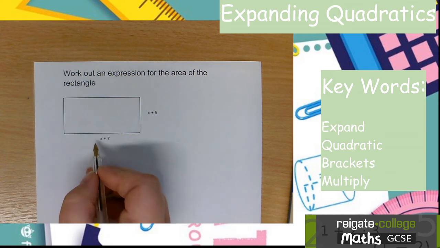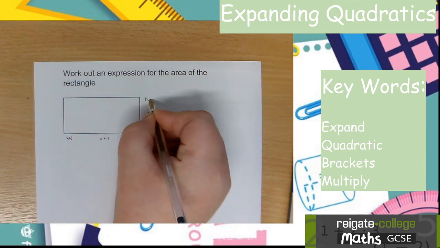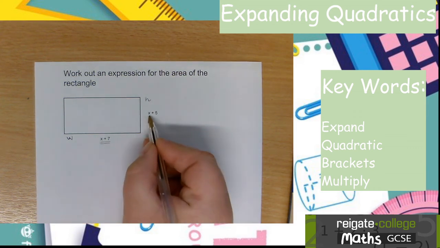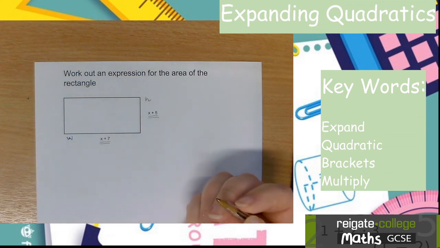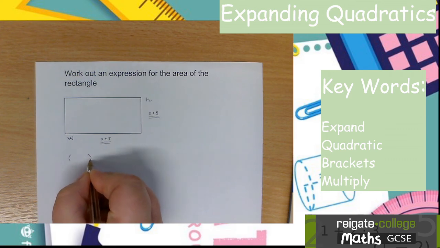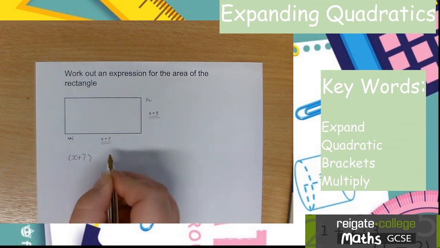Let's assume that this is the width and this is the height. I need to multiply together not a number but 2 expressions. So I'm going to have to put them in brackets. The width of my rectangle is x plus 7. The height of my rectangle is x plus 5.